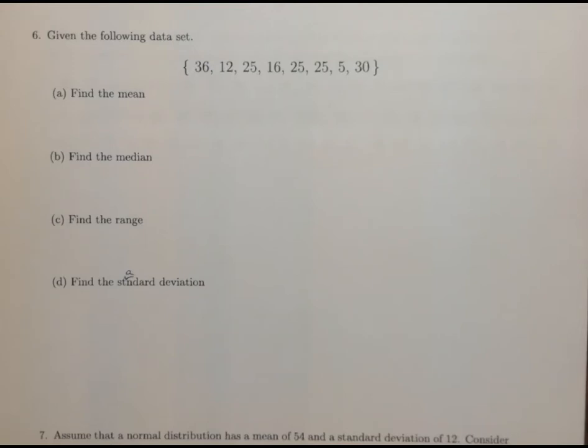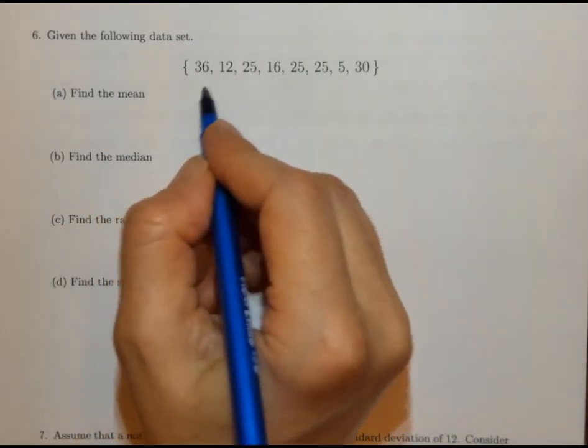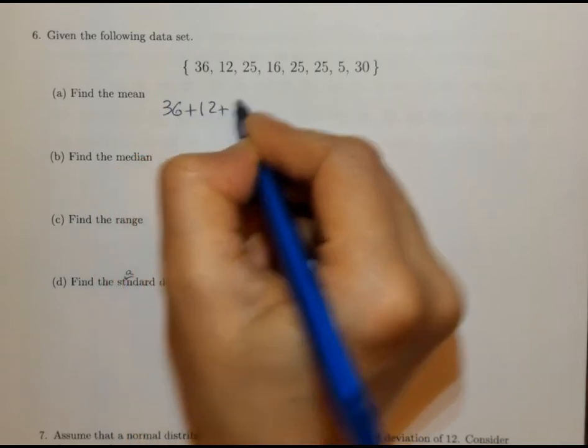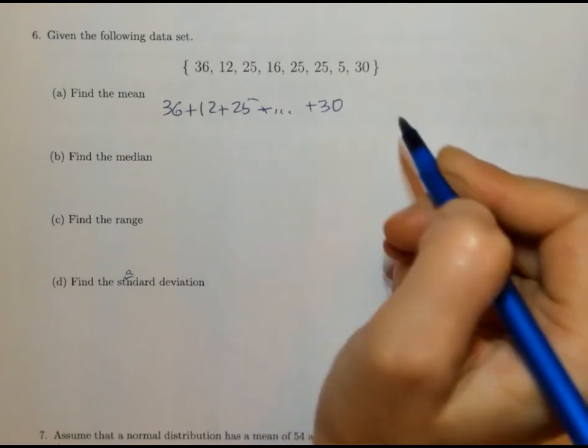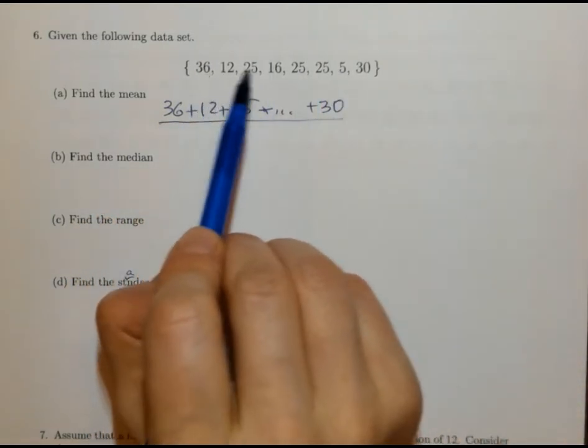Let us find the mean, median, range, and standard deviation for the given data set. So to find the mean, we add all the numbers from the set, so it's plus 12, plus 25, plus and so on, plus 30, and divide by the number of these numbers.